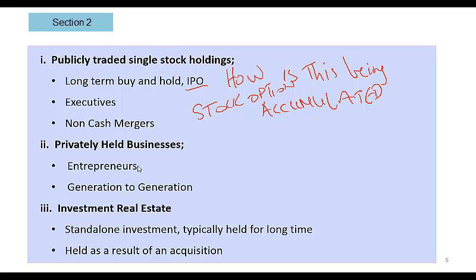The third event in which you can become a shareholder in a publicly traded company and may have a concentrated holding is if the publicly traded company acquires a private company, and the private company owner receives a share for share exchange, so no cash changes hands.